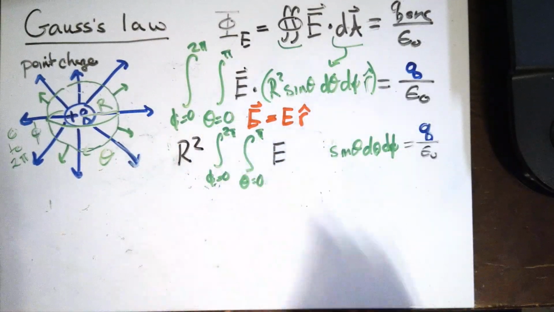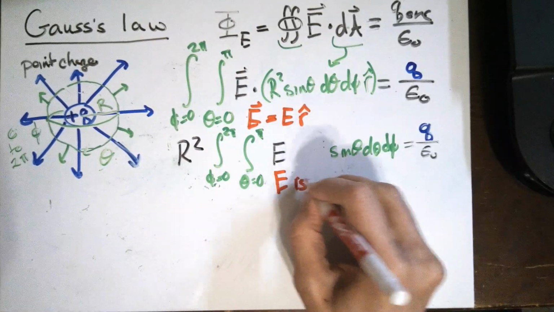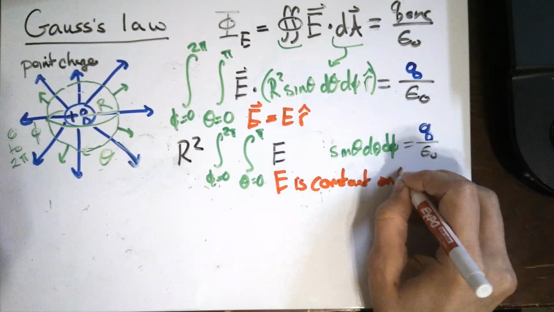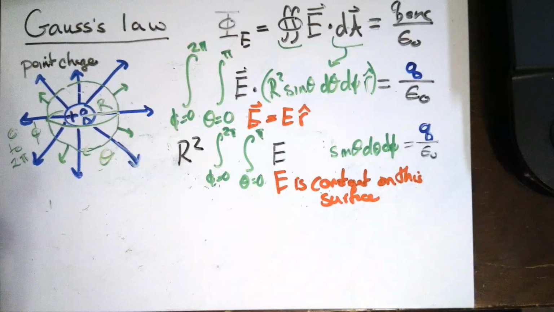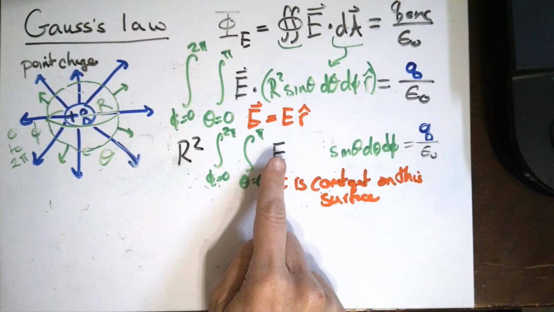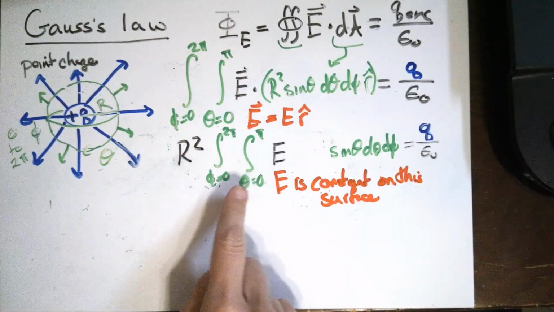Let's do this new bit of information. Namely, E is constant on this surface. If we admit that we know that, now we can pull E out of the integral. It doesn't depend on theta or phi.